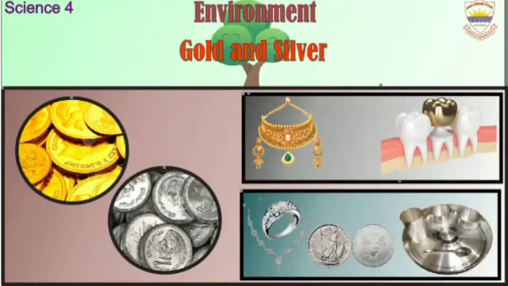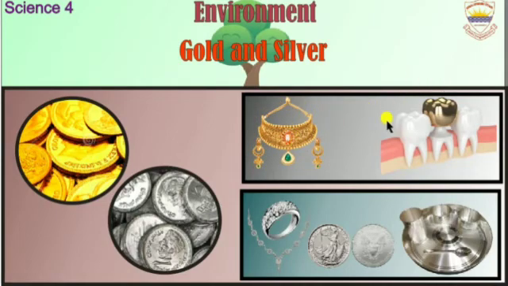Gold and silver. Gold and silver are also natural resources. And you definitely have seen them. But how did you see them? It seems interesting to know. Well, we use gold for making jewelry.